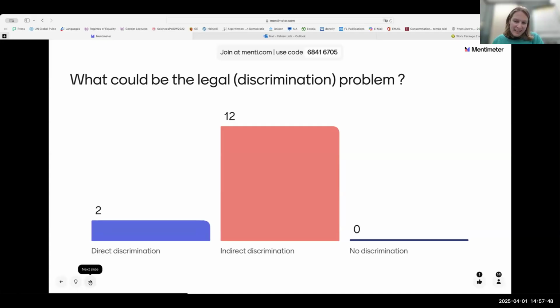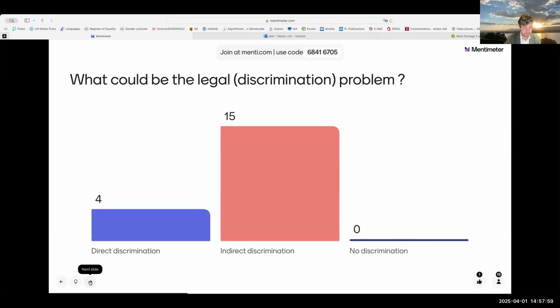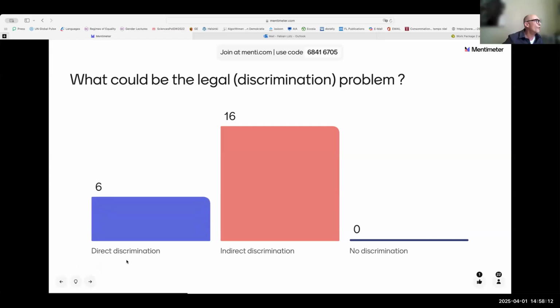Fabian, can you please remind us and restate the definition for those colleagues who are not necessarily non-discrimination experts? Yes, of course. Direct discrimination is basically if an employer directly discriminates on the grounds of sex, religion, or another protected characteristic under EU law. So basically saying we don't want to employ men or women in our firm.